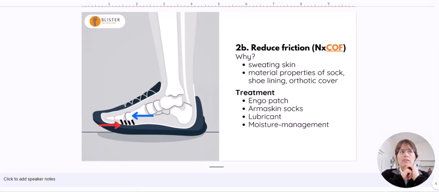Lubricants encourage slipping between the skin and the sock. That's fine as long as there's enough lubricant there and it's going to last long enough. Frequent reapplication is required because it disperses into the sock or into the shoe material. And of course, all moisture management prevention strategies are aiming for a lower coefficient of friction by keeping it dry.